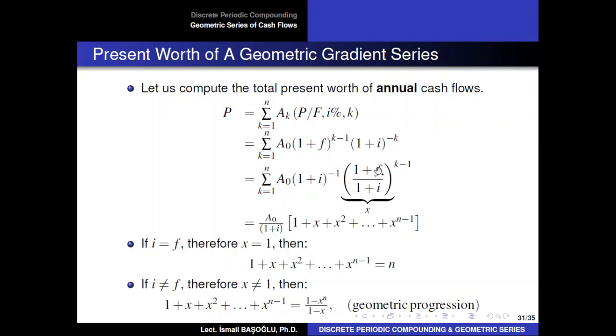If you do that, you will realize that the power of 1 plus I is also going to be minus K plus 1. And there will be an additional 1 plus I to the power minus 1 here.